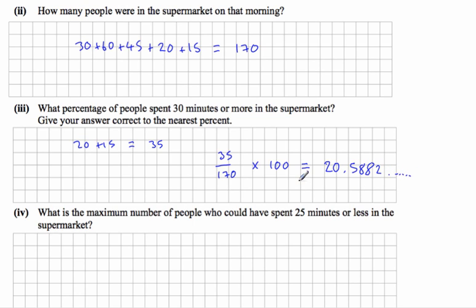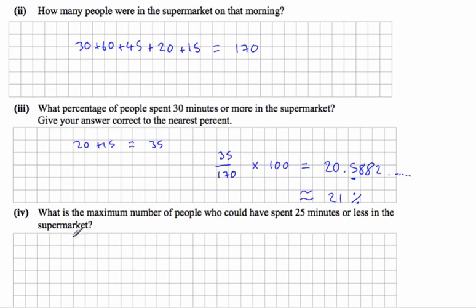We were asked to give our answer to the nearest percent. So if it's to the nearest percent, we're looking at the first decimal. Does this change the number in front? It does. So it's roughly equal to 21%.